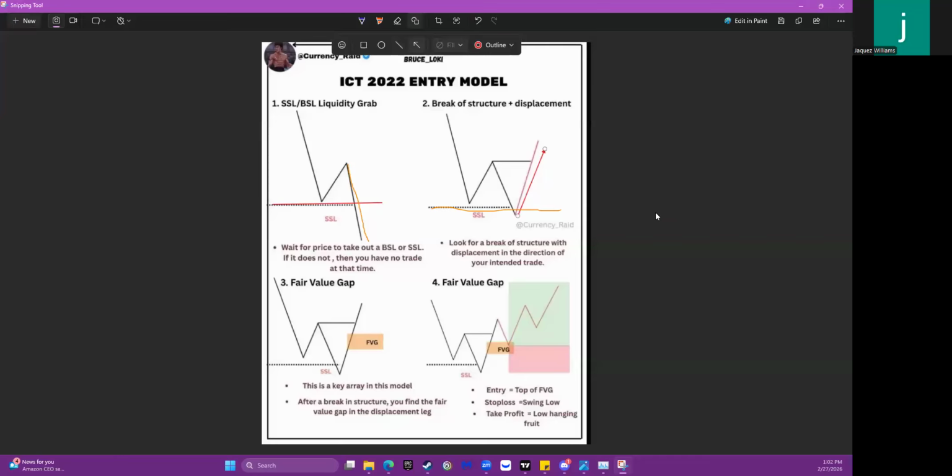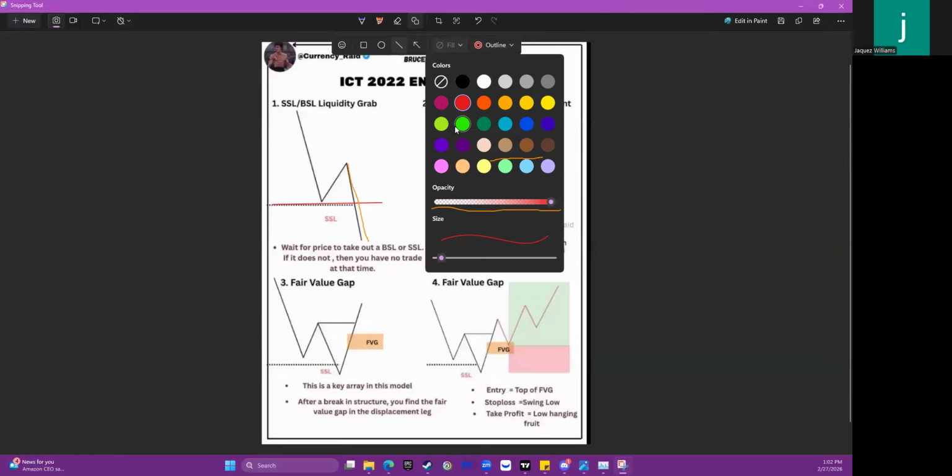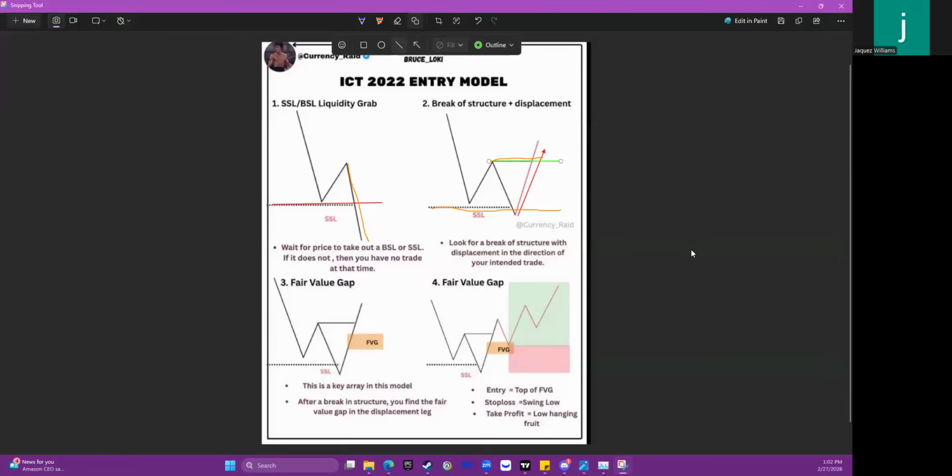We got a market structure shift. Basically, the trend changed. We were bearish, and now the trend has changed to bullish. Right here we got this market structure shift where it changed to bullish, and we put in this fair value gap right there. Then you have step four, where it puts all of it together.